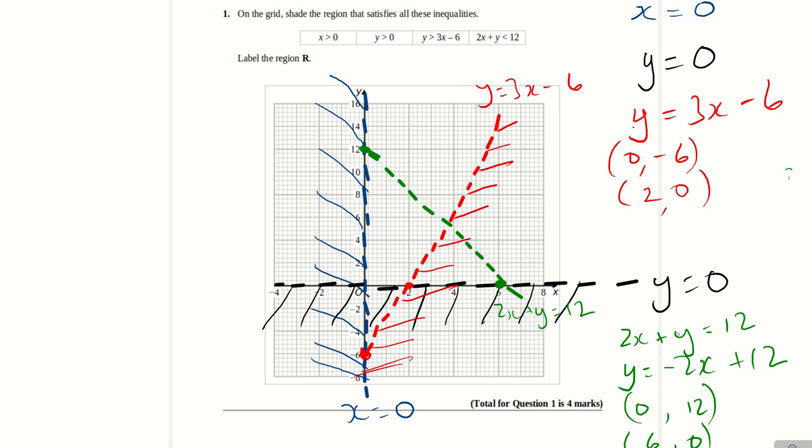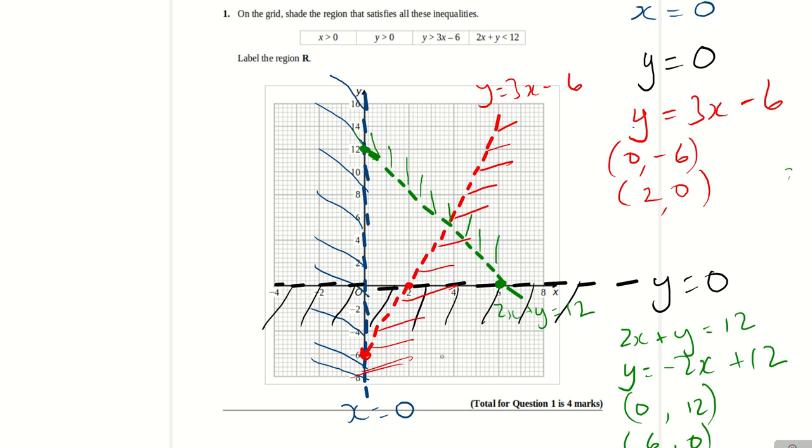If we rearrange this, we'll get 2x plus y is less than 12. Move the 2x over and we'll have y is less than minus 2x plus 12. Which means we don't want it where y is greater, so we don't want it to be above. So all this area here we don't want. I'll shade this out.